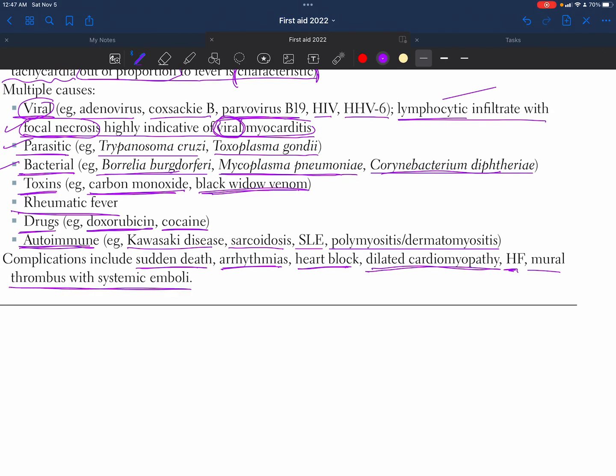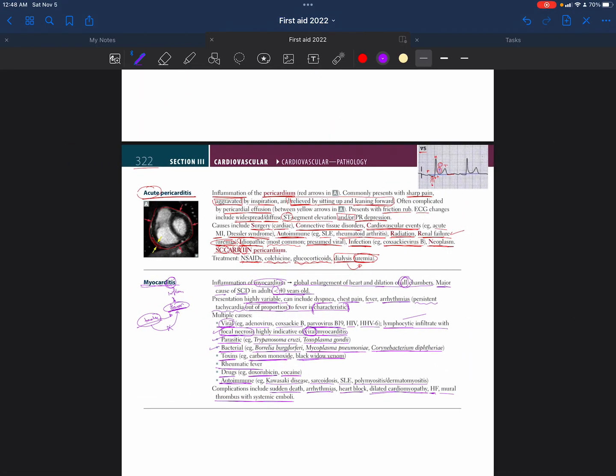So, because it's myocarditis, it's involving the whole myocardium, so it can affect anything that the myocardium is supposed to do, like electrical conduction or ejection through systolic function. So that's why we could have as a complication sudden cardiac death, arrhythmia, heart block, dilated cardiomyopathy, heart failure, and mural thrombus with systemic emboli. And that should be it for page 322.